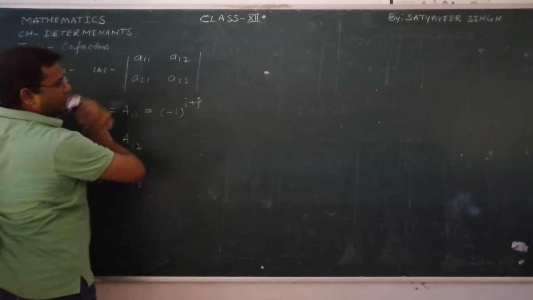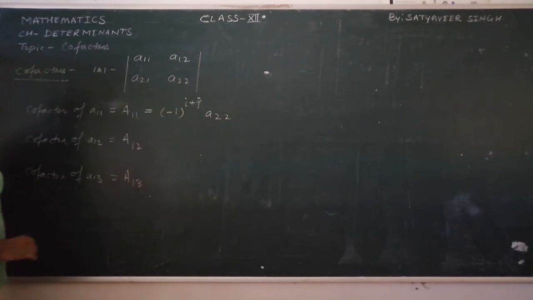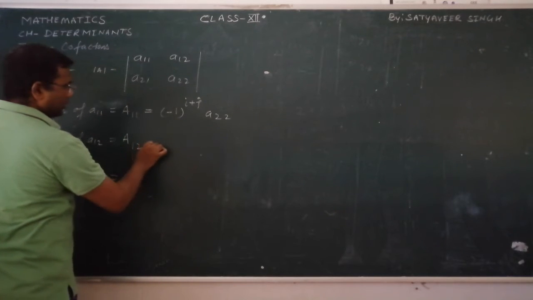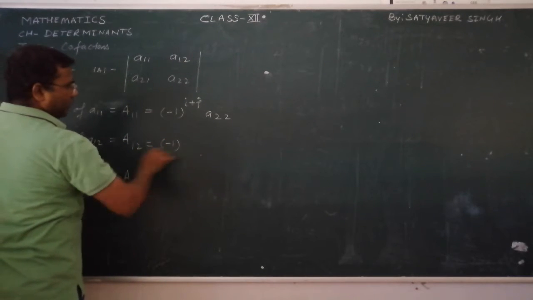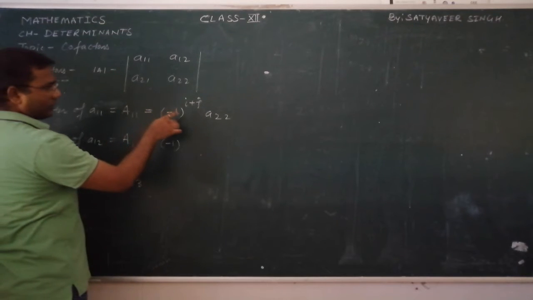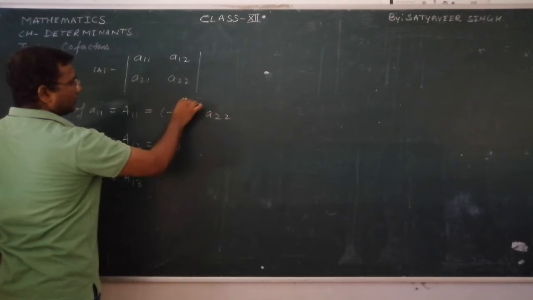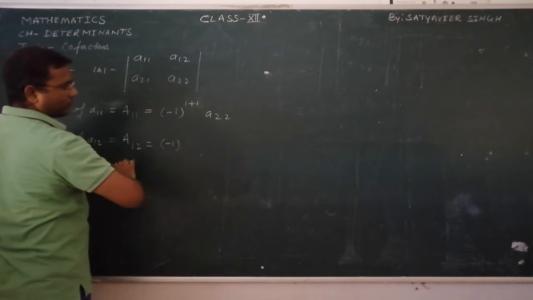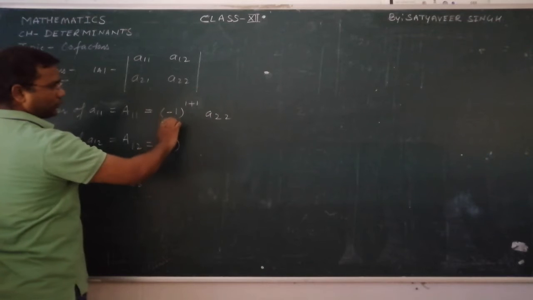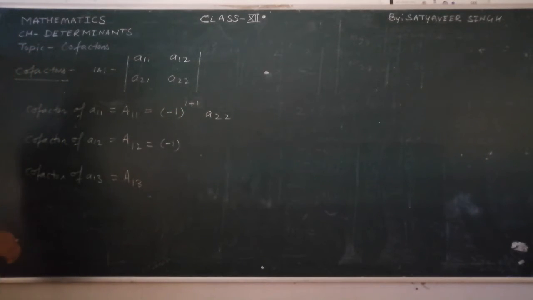The remaining element is A22. Similarly here, this will be minus 1 raised to, see now it is 1 1, so we should write here 1 plus 1, and 1 plus 1 is 2, and minus 1 raised to 2 means it is 1 only.